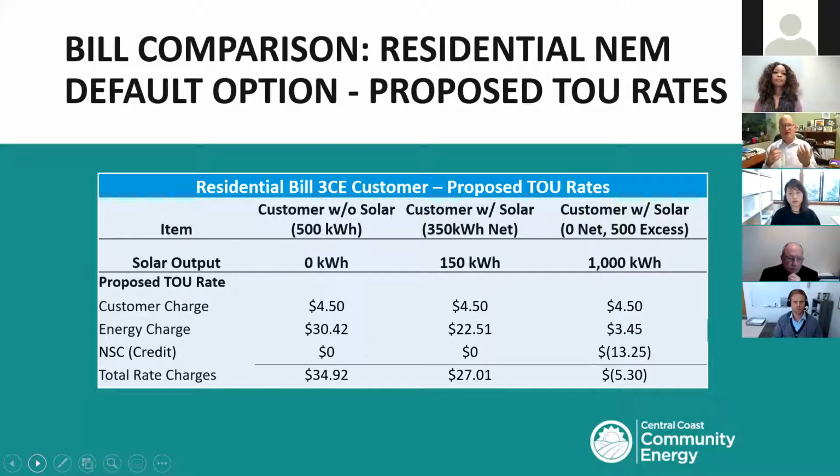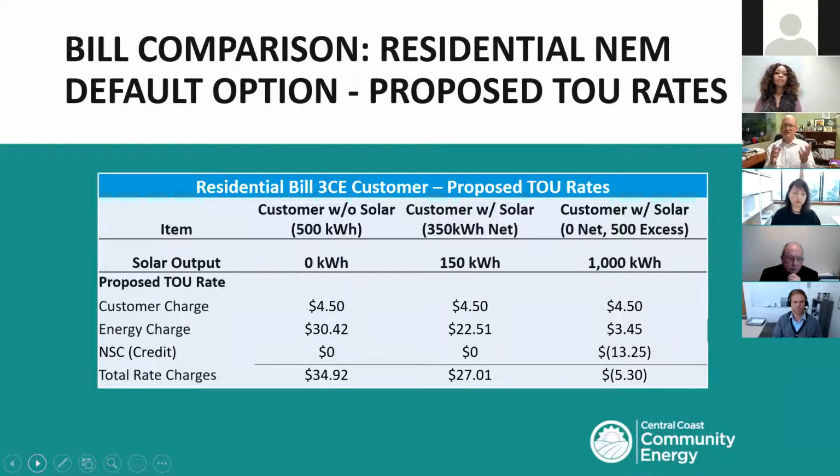Under the energy charge, they do have $3.45 because during the time of use, they needed to use more energy during that period than they produced during the peak period or whatever it may be. However, they are getting that net surplus credit. So they're getting a credit on their bill of $13.25 for that portion. So overall, their bill for that period is $5.30.